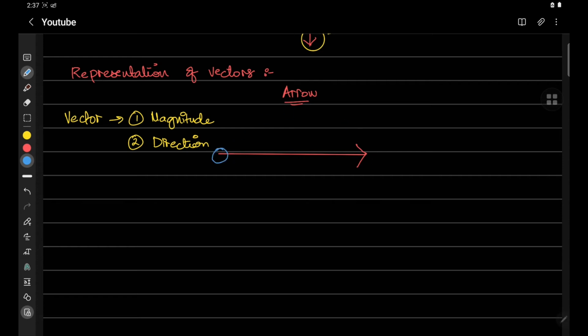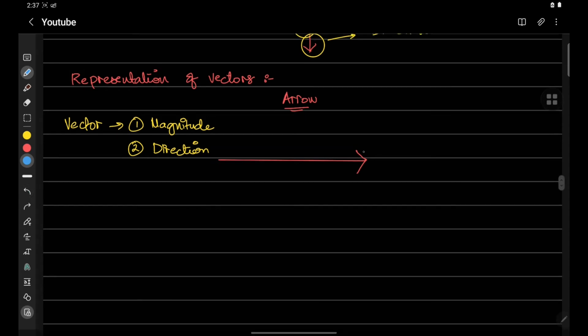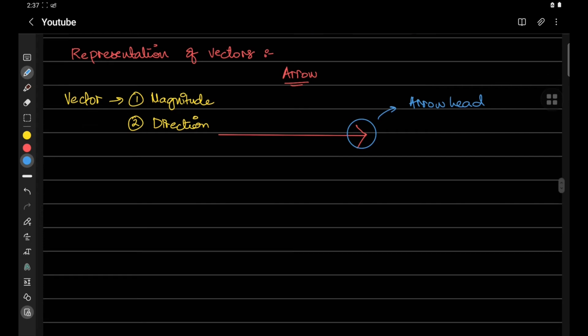So let's suppose if we talk about the arrowhead, right? The arrowhead gives you an idea about where this arrow is headed, where it's going to go. In this scenario, it's going to go towards the positive side or the forward direction, all right?